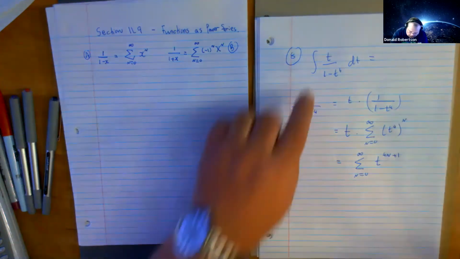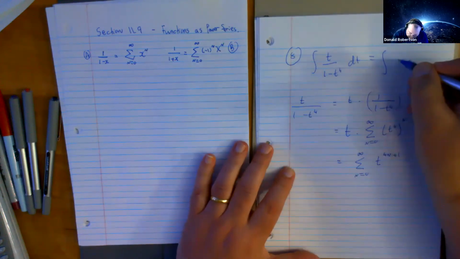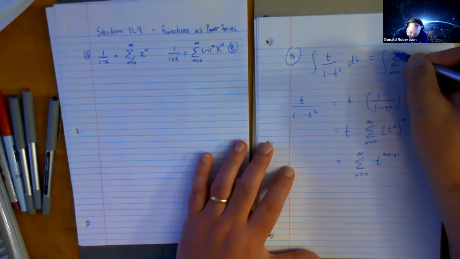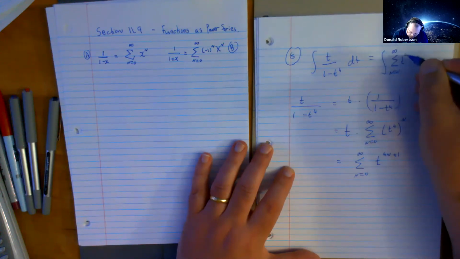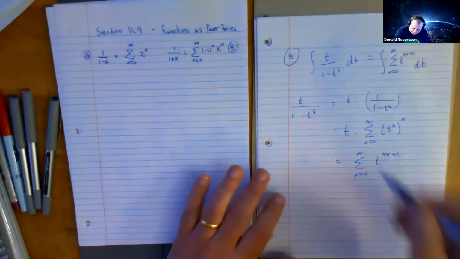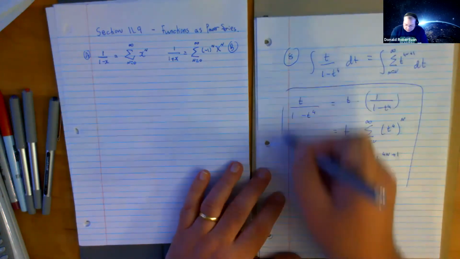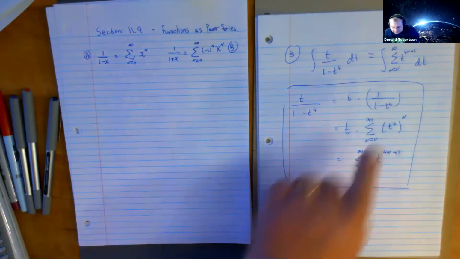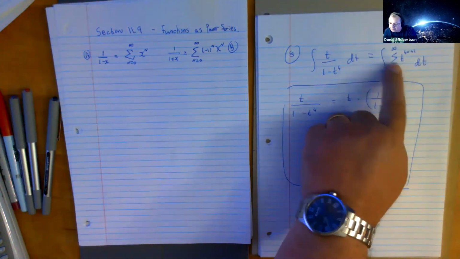So this integral becomes the integral of this guy. Of course, had I thought ahead, I would have brought this down a little bit. So can't you switch sigmas and integrals around?